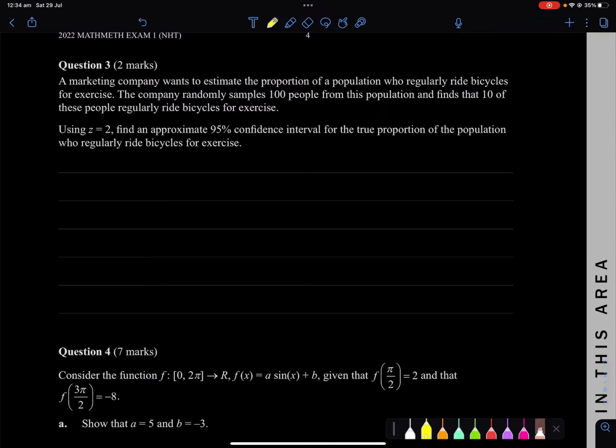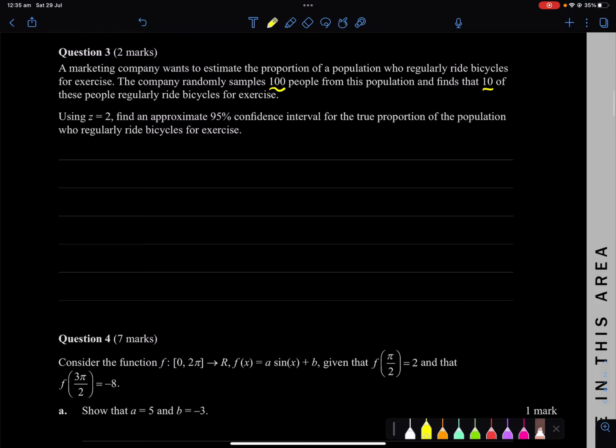Okay, here it says, a marketing company wants to estimate the proportion of a population who regularly ride bicycles for exercise. The company randomly samples 100 people from this population and finds that 10 of these people regularly ride bicycles for exercise. Use z equal to 2 to find an approximate 95% confidence interval for the true proportion of the population who regularly ride bicycles for exercise.